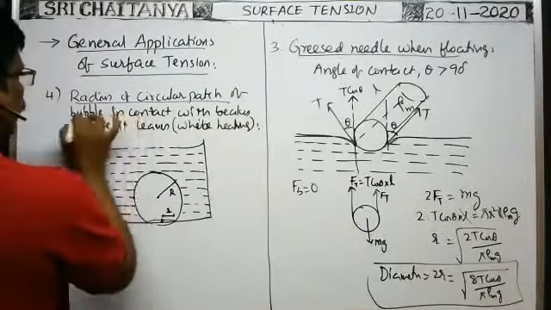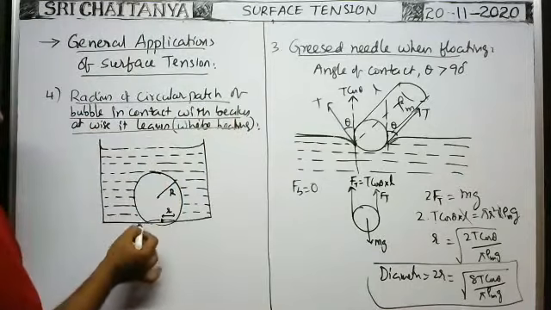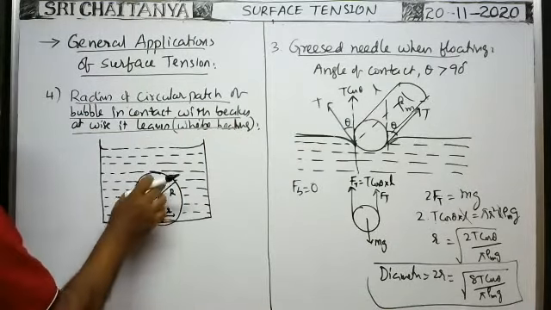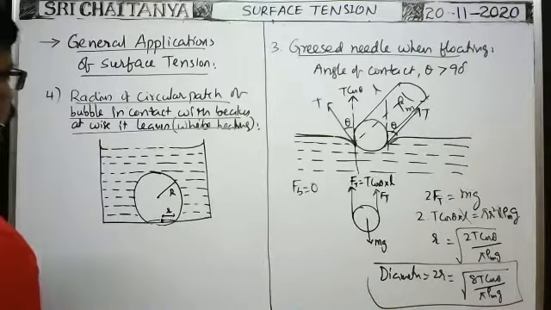This is the case. So the radius of the circular patch of the bubble in contact with the bottom of the beaker, at which the bubble leaves the bottom surface. The maximum radius of the bubble which can be produced is capital R. That will be given.